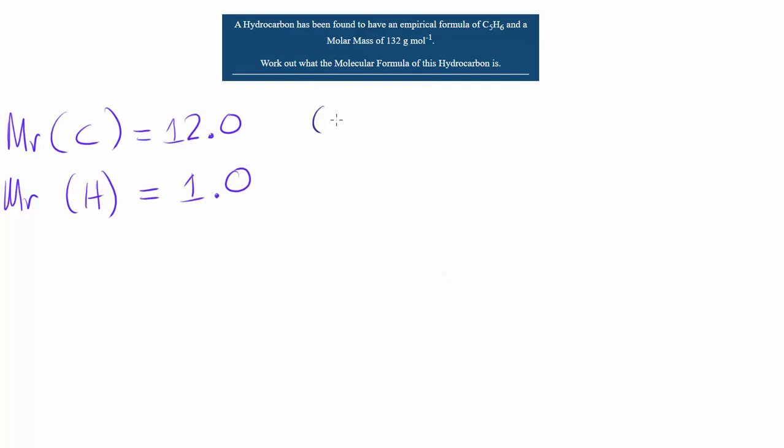For carbon, we're going to get 12 times the coefficient, which is 5, and we're going to add that to what we get for hydrogen. In hydrogen's case, we've got 1.0 times the coefficient, which is 6. And what does that give us? Have a go, see what you get when you work this out, and that is effectively going to give us the molar mass of the empirical formula.